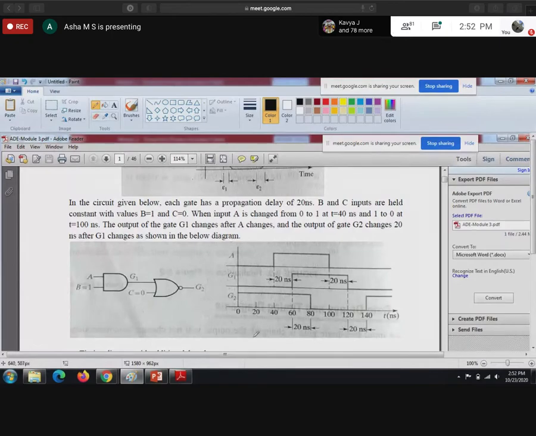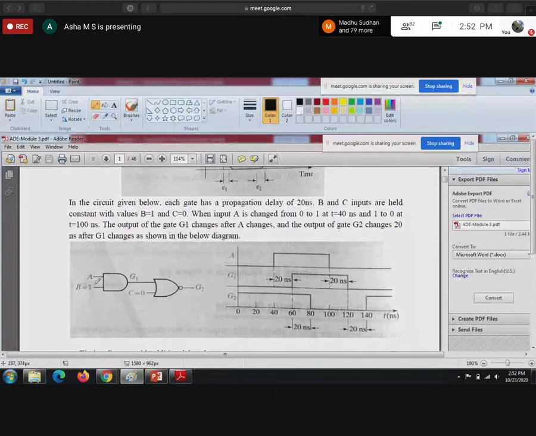So this is the timing diagram for this logic circuit. Each gate has 20 nanoseconds of propagation delay. B and C inputs are held constant with the values B equal to 1, C equal to 0.